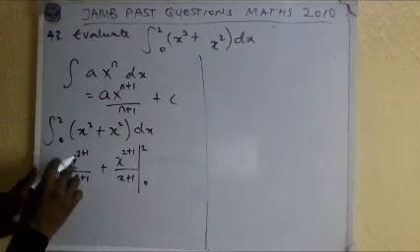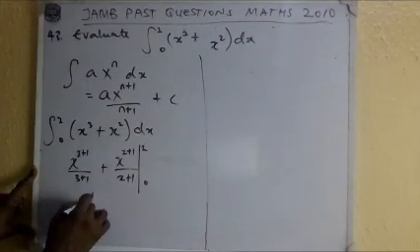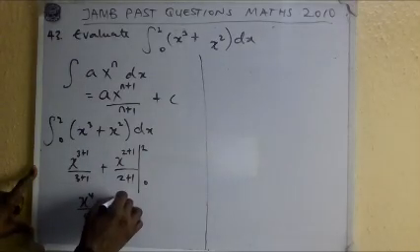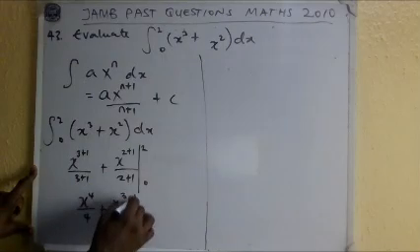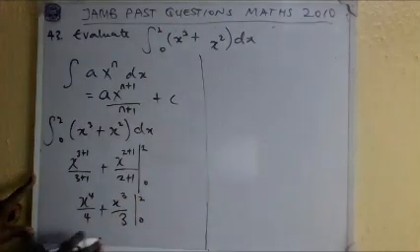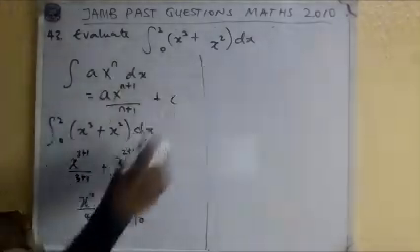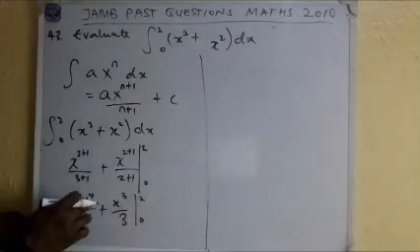This is the same thing as saying x raised to the power 4 over 4 plus x raised to the power 3 over 3. Then I put the limits again. You understand? So these are the limits. I come here, and where I see x, I put 2.